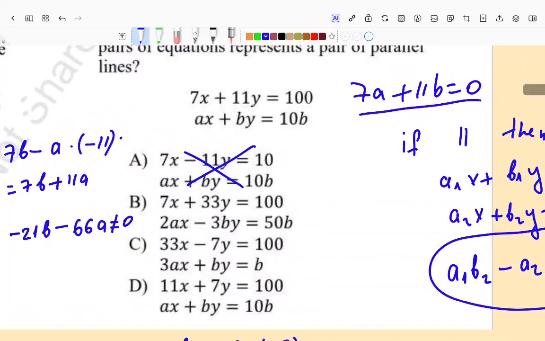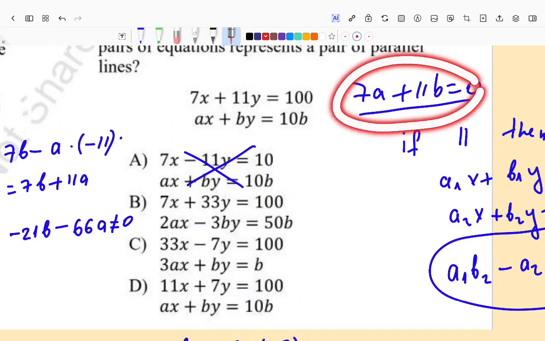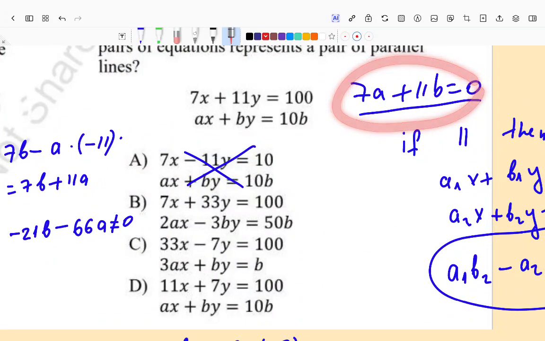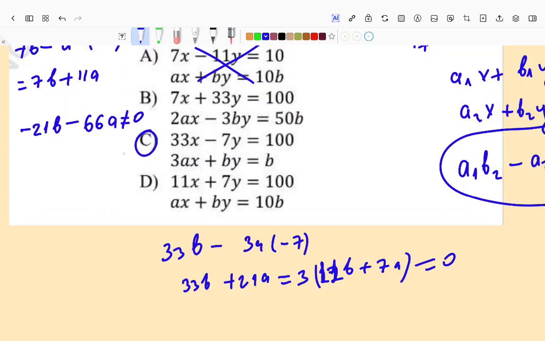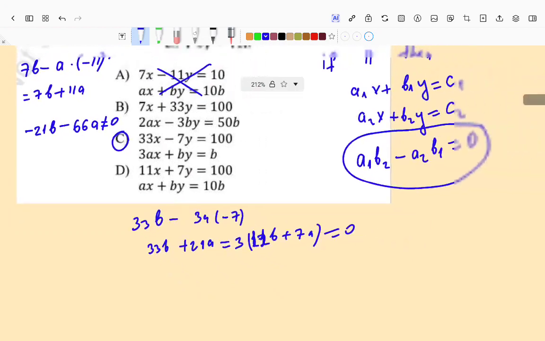I know from the perpendicular lines the connection between a and b: 7a plus 11b is 0. So it's also 0. So I can tell option C is parallel lines.